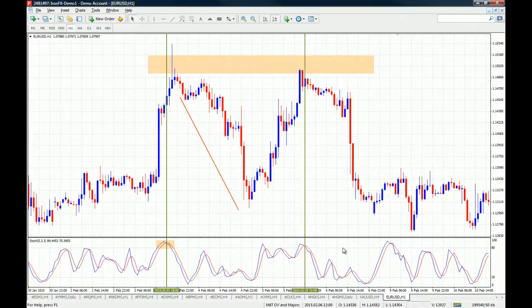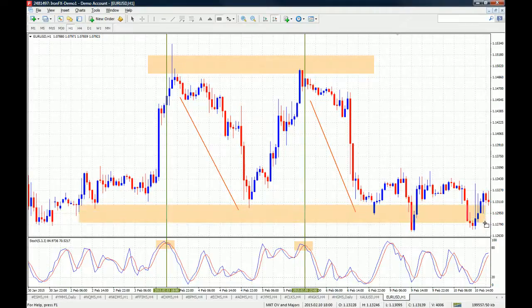when we have the actual bearish crossover at overbought levels on the stochastic oscillator before price moves to the downside, to the bottom of this range, which is right here. You can also see that the same happens when price hits these levels of support.